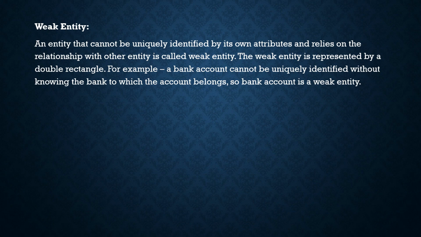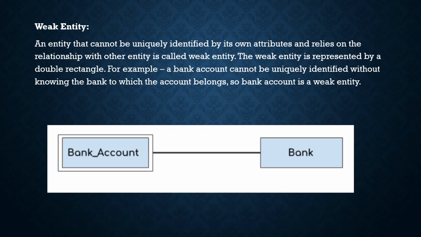To recognize a particular bank account, we need the IFSC code and that particular SB account number, and all those things should be specified while specifying a weak entity.